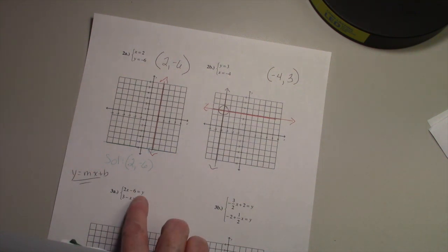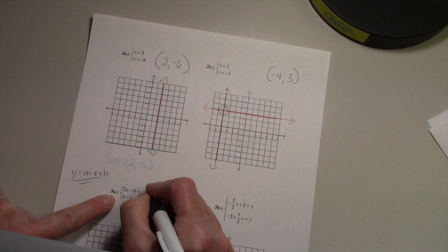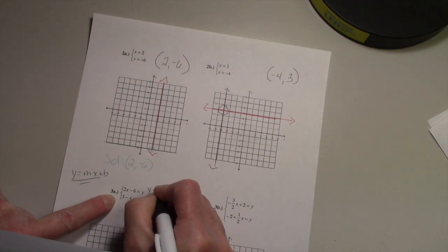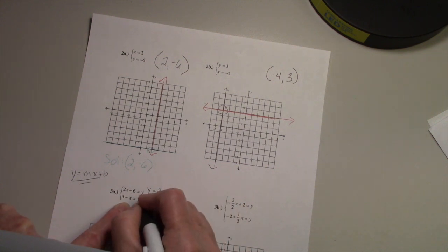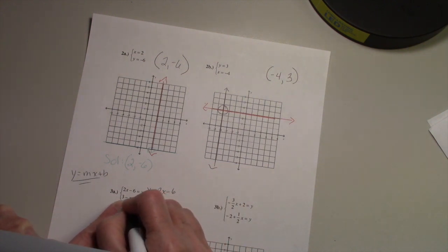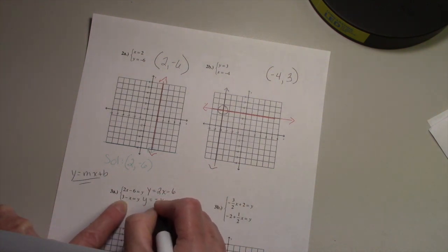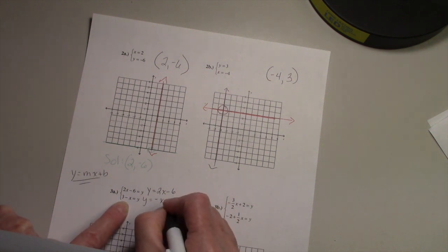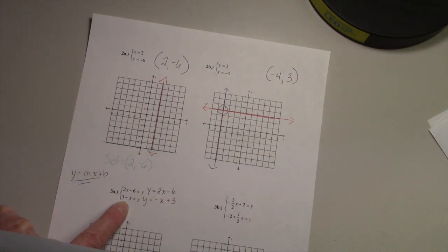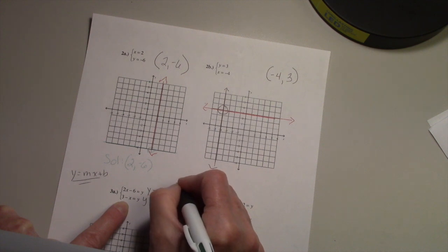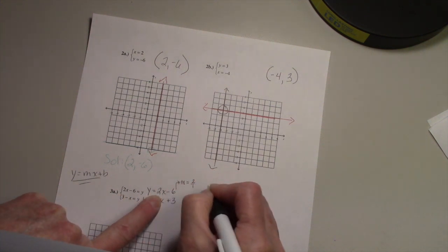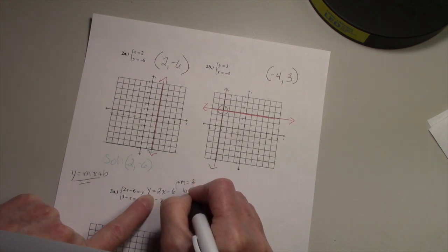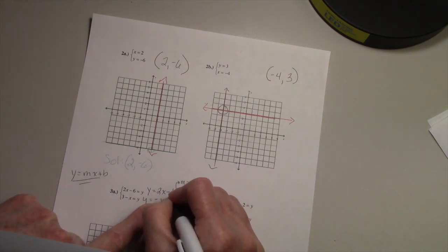If I look at this, I'm going to change it around so you can see it. Y equals 2x minus 6. And this one, y equals negative x, so be careful, plus 3. Okay? So in this case, the m here is 2 over 1, and the b is negative 6.